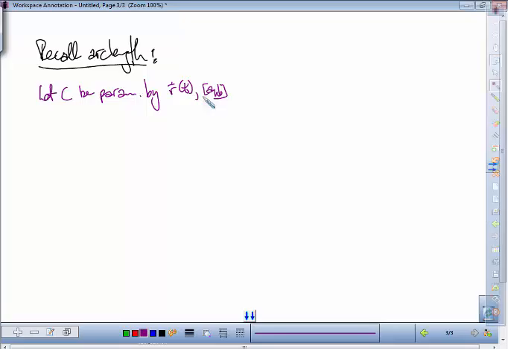So that's some curve. I don't care if we're in 2 dimensions or 3 dimensions. It's a curve that we can find the arc length of. And if you remember, the arc length is equal to an integral from a to b of the magnitude of r prime of t dt. You remember that?